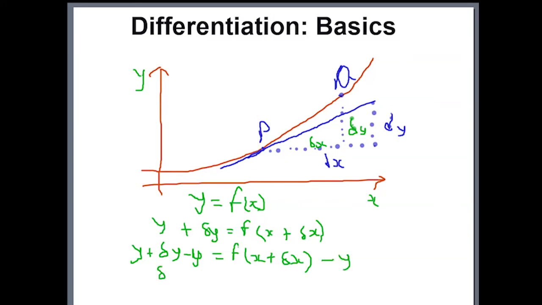So I have delta y left here, and this is f of x plus delta x minus y, where y equals f of x, so we are going to have f of x. Then after that, let's find delta y over delta x.